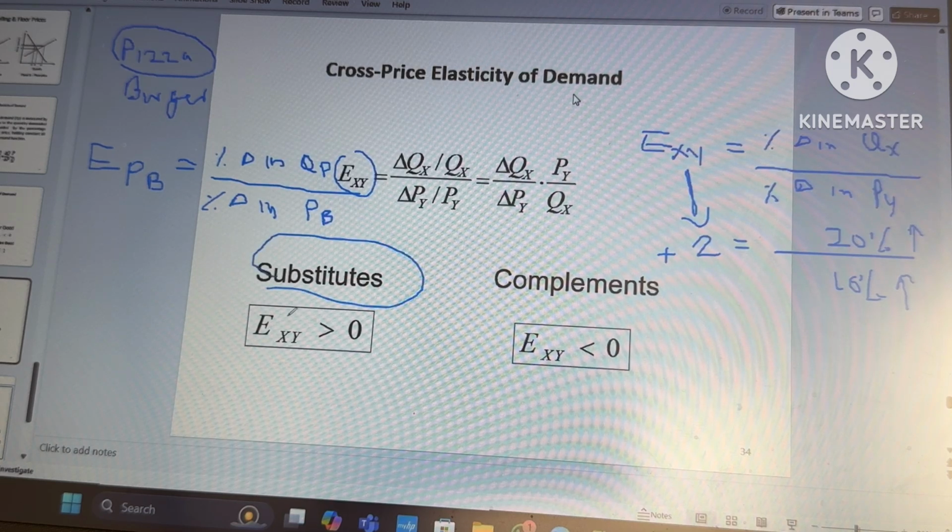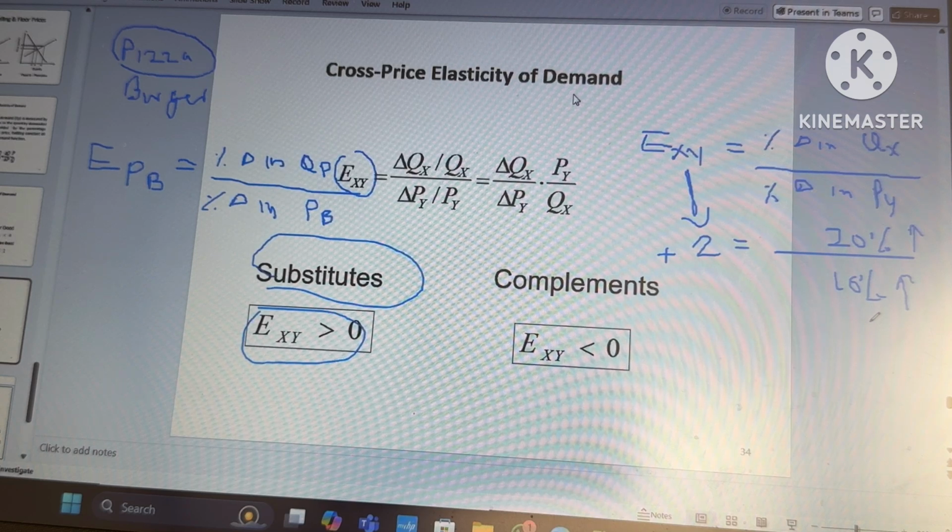For substitute products, we get a positive number for the cross elasticity. Because if Y increases by 10%, consumers quickly come to product X. That's why product X is increasing by 20%.